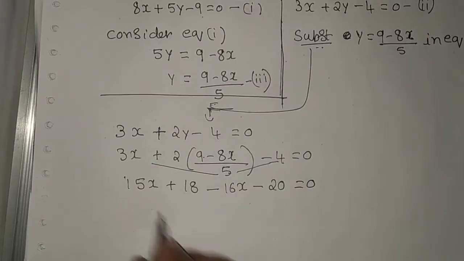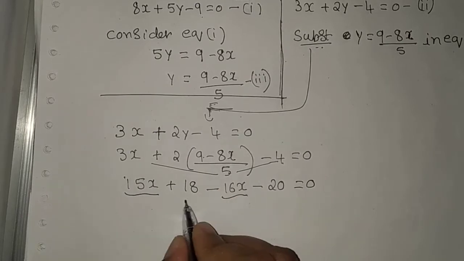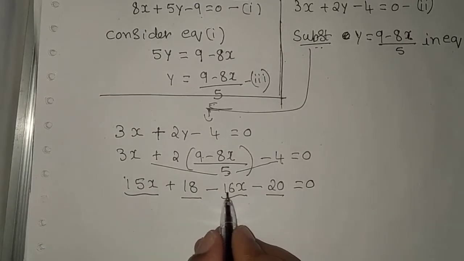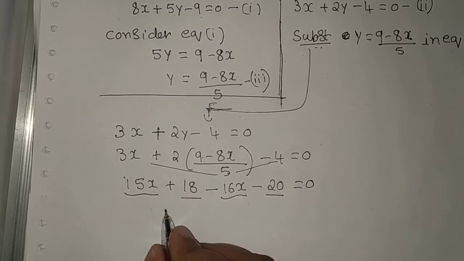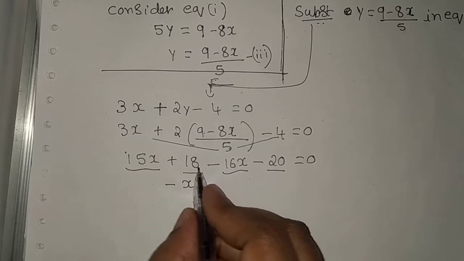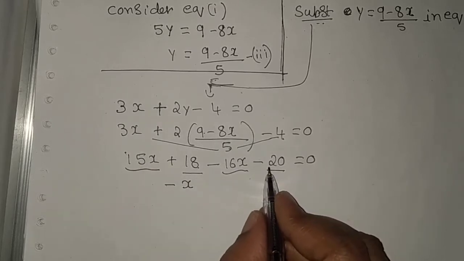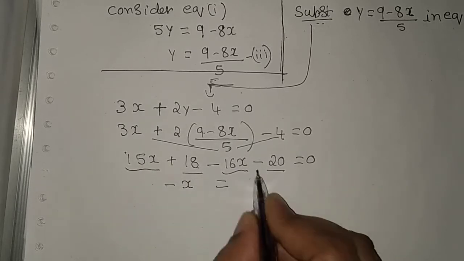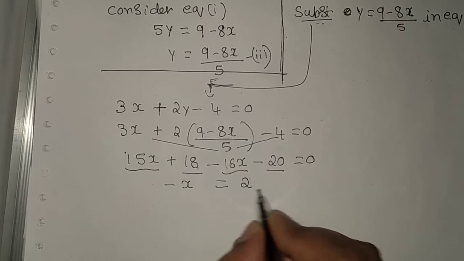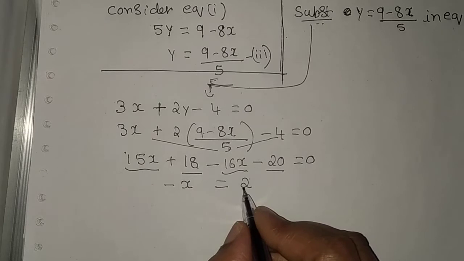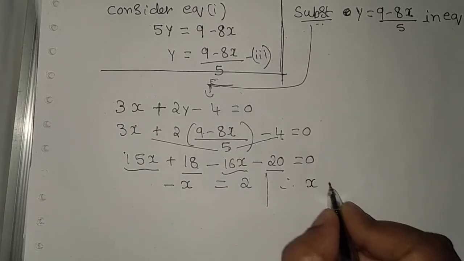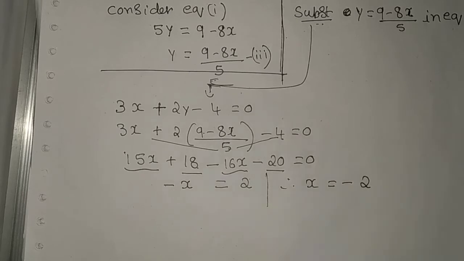Now bring all the x terms together and the numbers without the variable. 15x minus 16x will become minus x. 18 minus 20 will become minus 2, and when it comes to this side, it will become plus 2. Therefore, x is equal to minus 2.